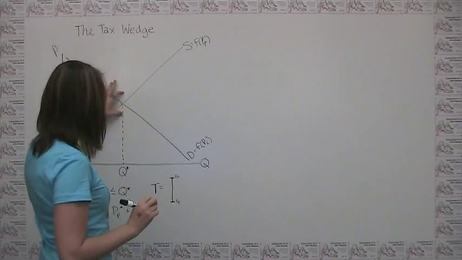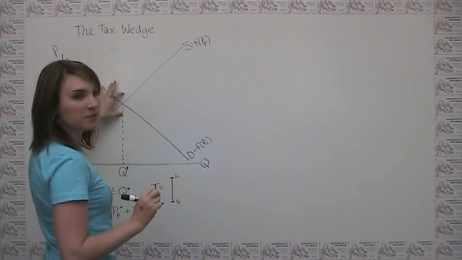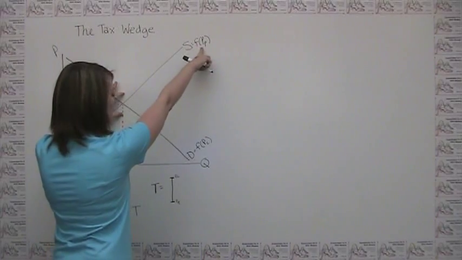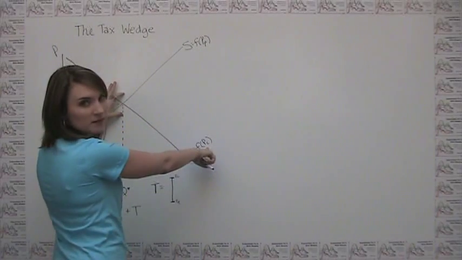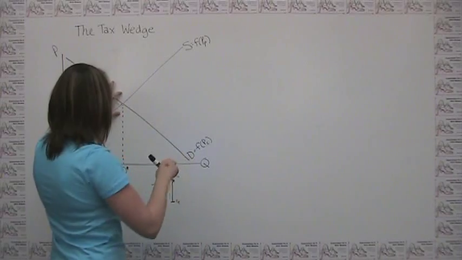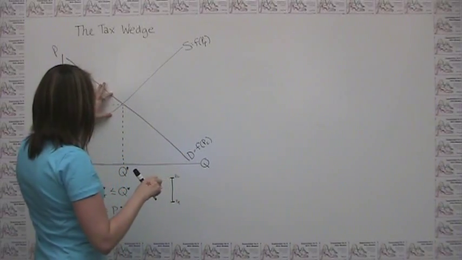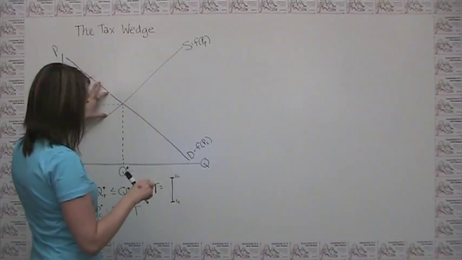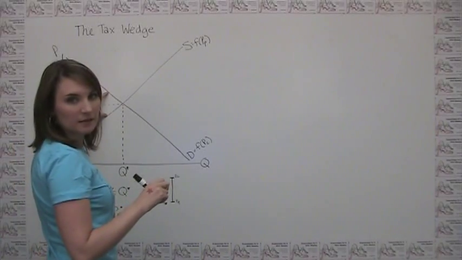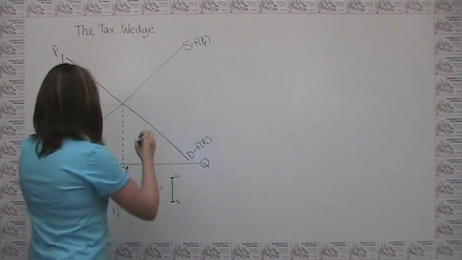I start here, and my gap is not large enough between the price that the producer gets to keep and the price that the consumer pays. So I have to keep going to the left until I find a point where the gap is exactly the correct size. And that's about here.